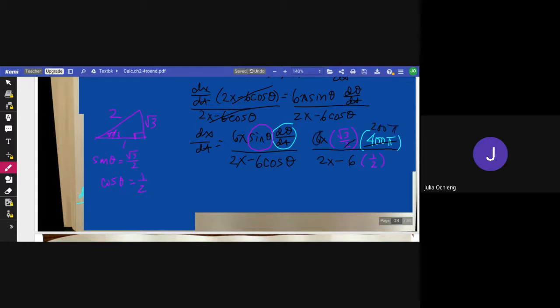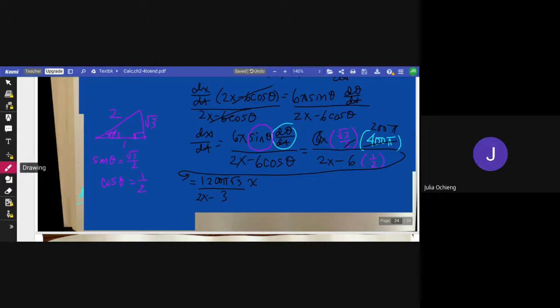We're going to multiply 6 times 200 pi to be 1200 pi root 3 over 2x, 1200 pi root 3x. Don't forget the x there. And on the bottom, 2x minus 6 times 1/2 is 3. So much simpler looking, but I still need to find out what x is.